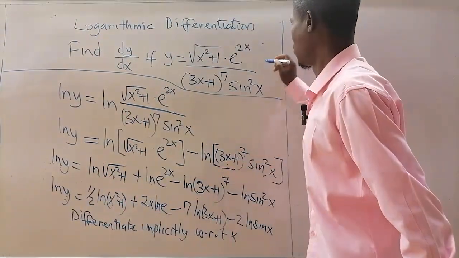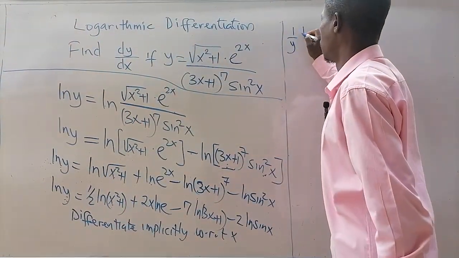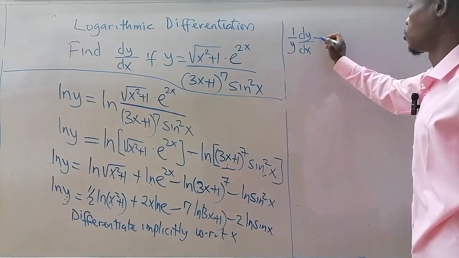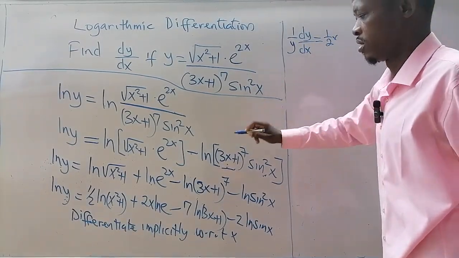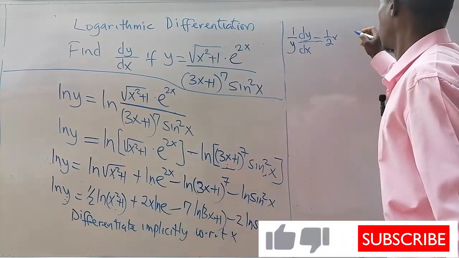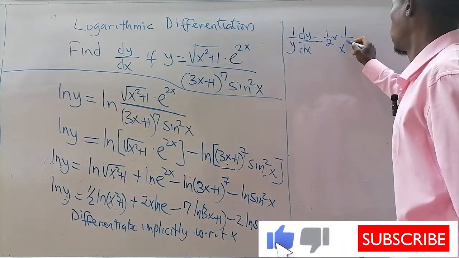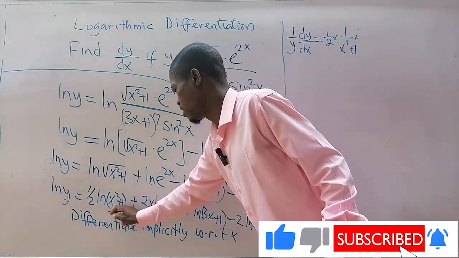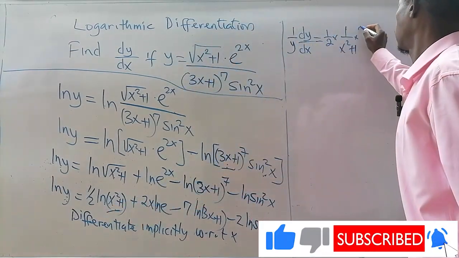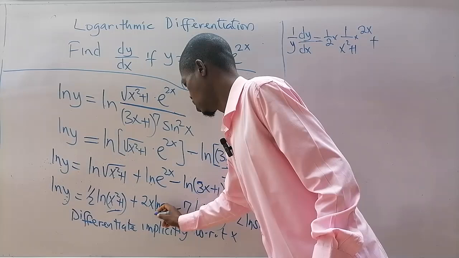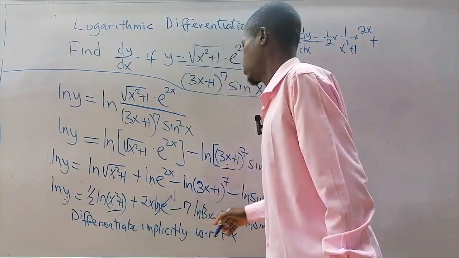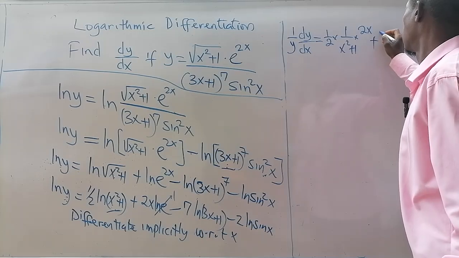That will be 1 over y, then you put your dy/dx by the side of that function, and that will be equal to 1 over 2 times differentiate this one. That's 1 over x squared plus 1 times the derivative of this inner function, that's 2x. This one, the natural logarithm of e, is 1. So if we differentiate 2x, we have 2.